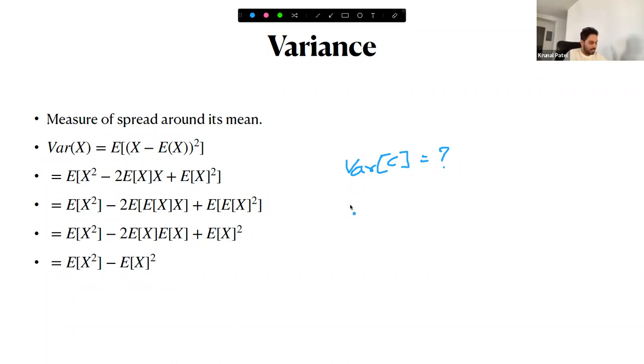So yeah, good job. Now let's talk about what is the variance of a constant times a random variable x. We already know that the expectation of cx is c times expectation of x, but I don't know about this one.